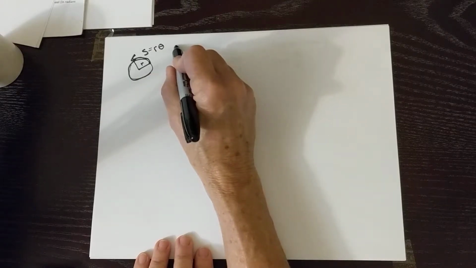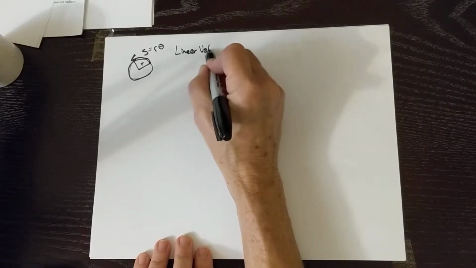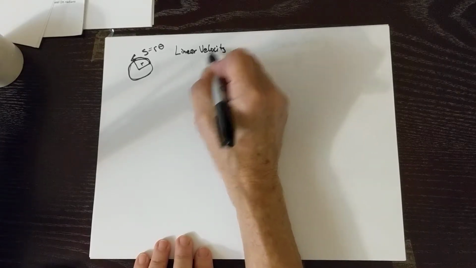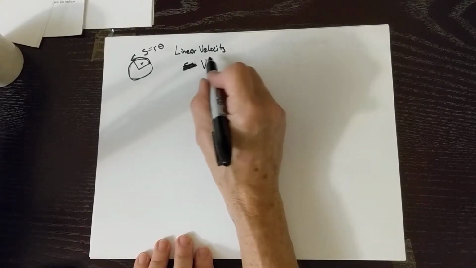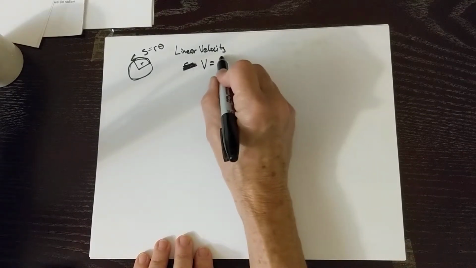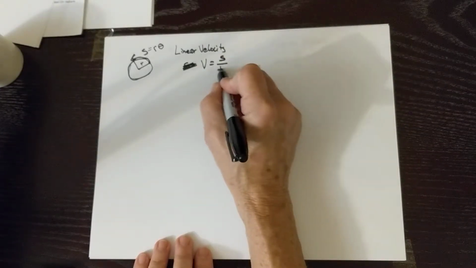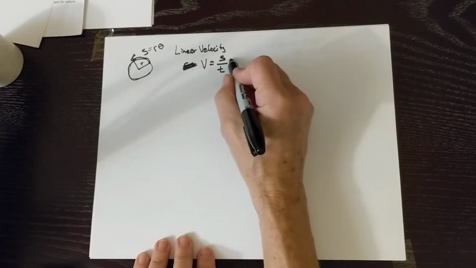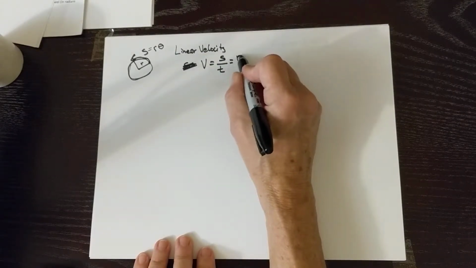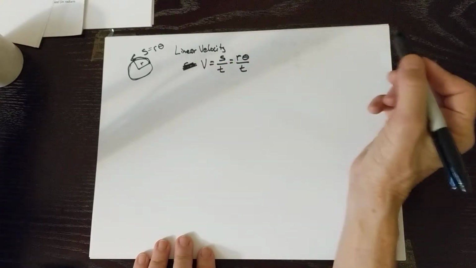That is what linear velocity is. V is how it's symbolized, equal to the amount of arc length it covers per unit of time. Since S is equal to R times theta, you can also think of it as R times theta over T. But this is linear velocity.